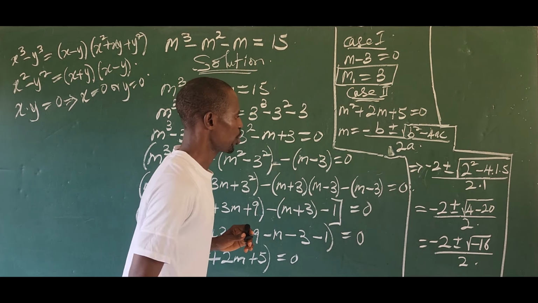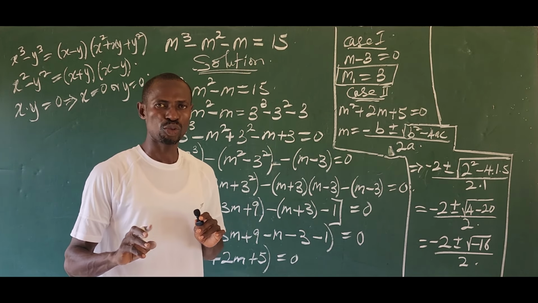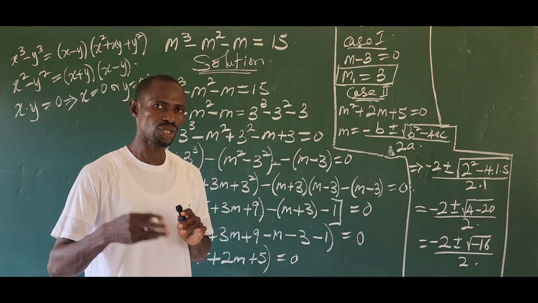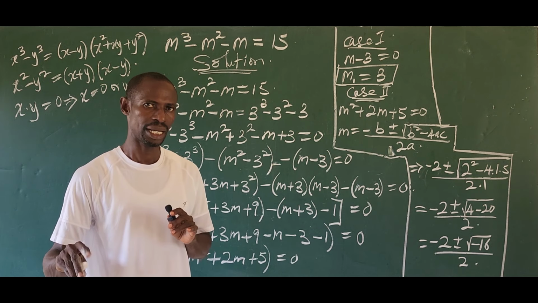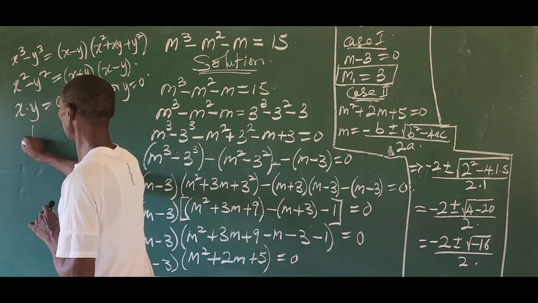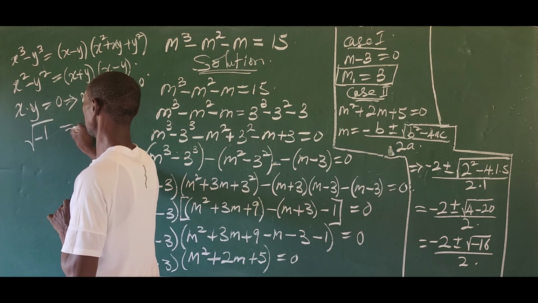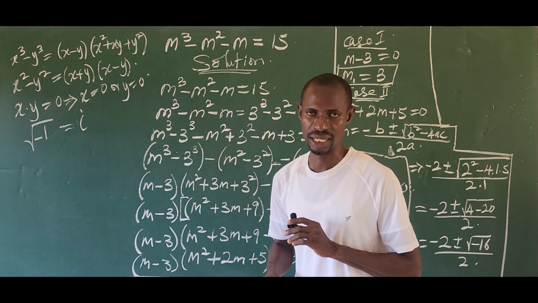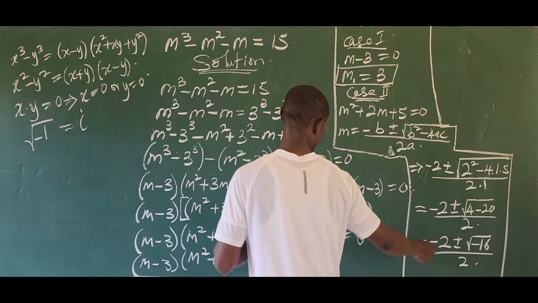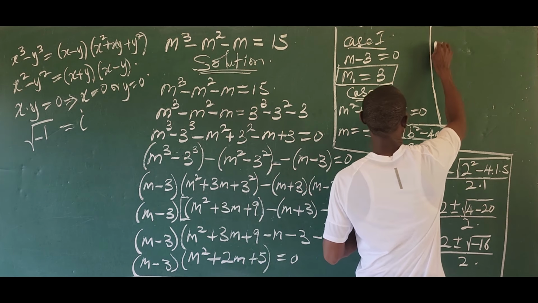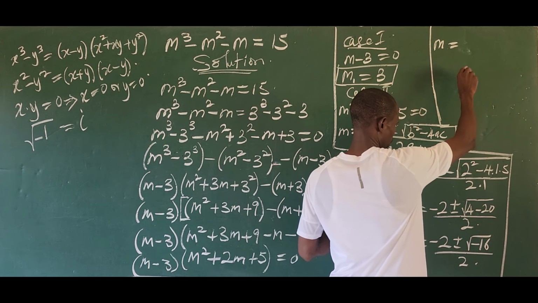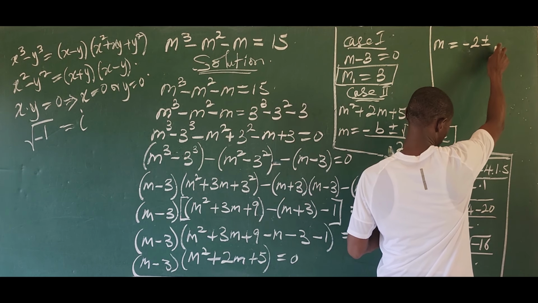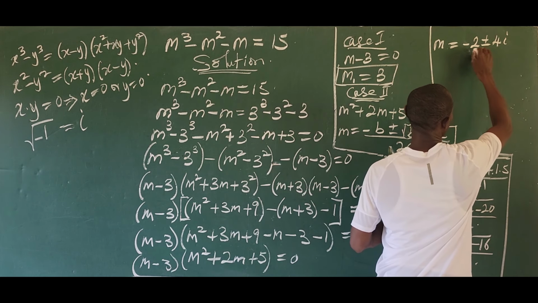The square root of minus 16 can be split into the square root of minus 1 times 16. We know that the square root of minus 1 is equal to iota, and the square root of 16 is 4. So we can rewrite everything here. This now gives us m is equal to minus 2 plus or minus 4 iota all over 2.